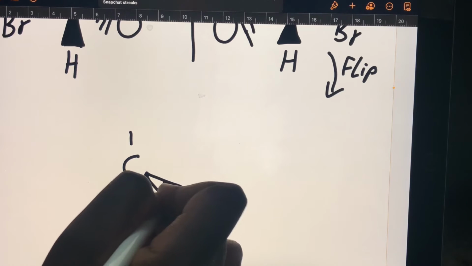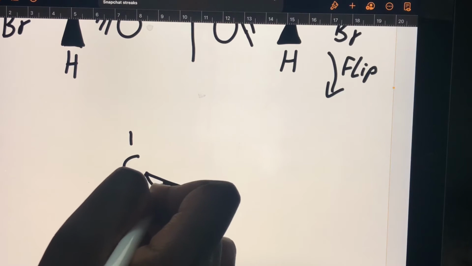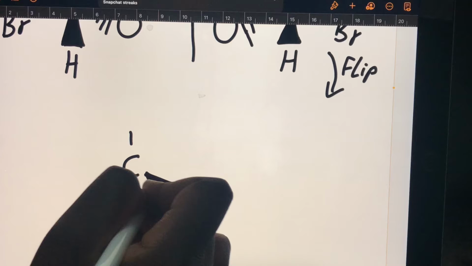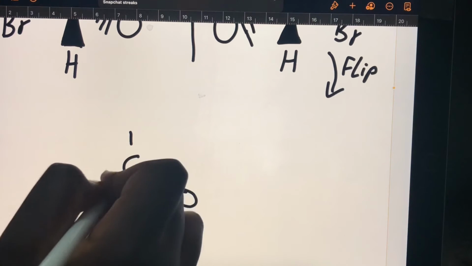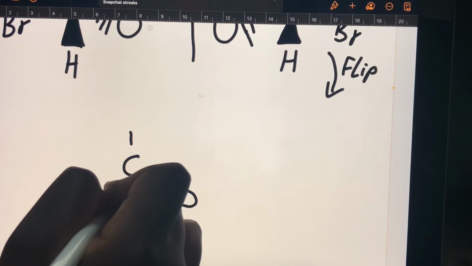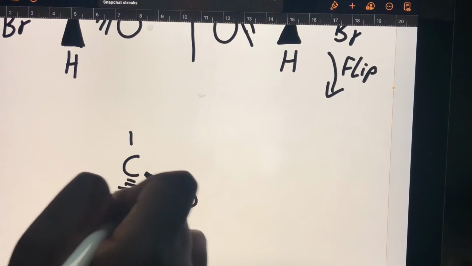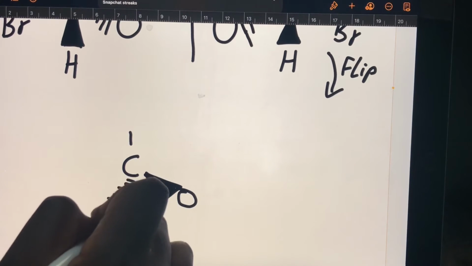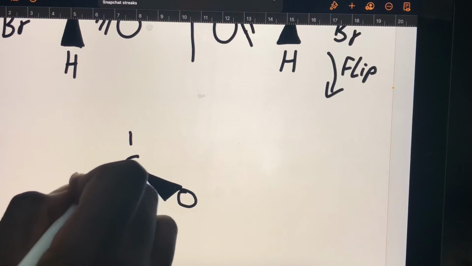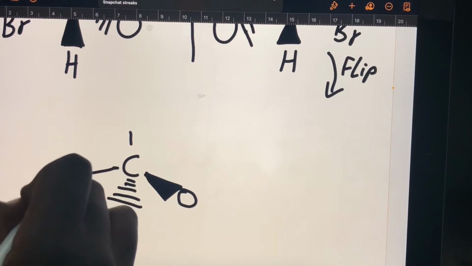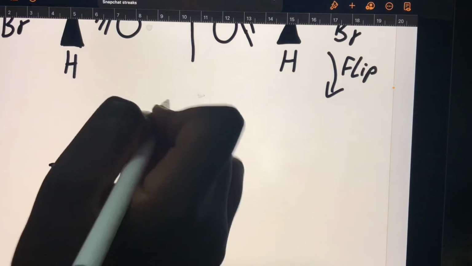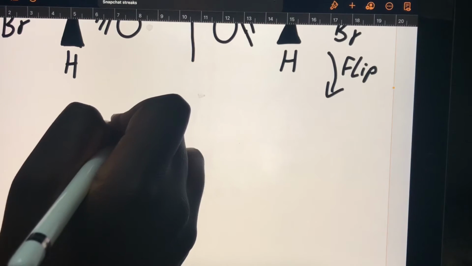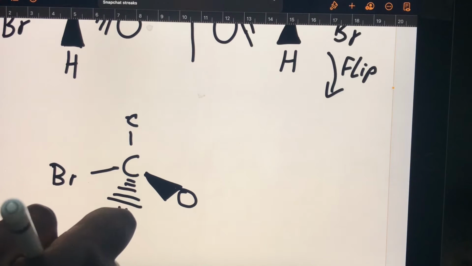This is the flipped image of the right image.